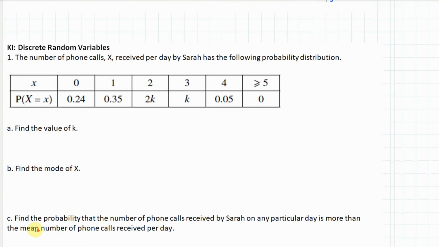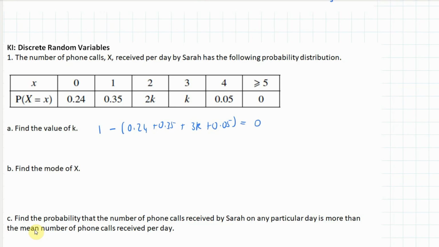Okie dokie, moving right along. So we've got a discrete random variable here. First of all, we've got to find the value of k. So, in essence, what we're trying to do is find all of these should add to 1. So we're going to go 1, take away 0.24 plus 0.35 plus, there's 3 k's altogether, plus 0.05, and that should be equal to 0.